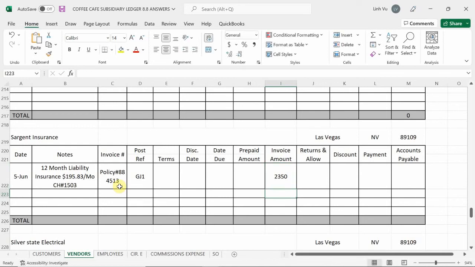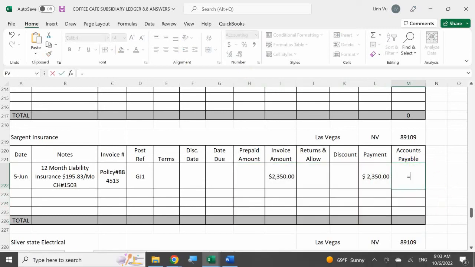Did we have any returns to the policy? Any discounts? And did we make any payments? Yeah, we paid the full $2,350, with check number 1503.